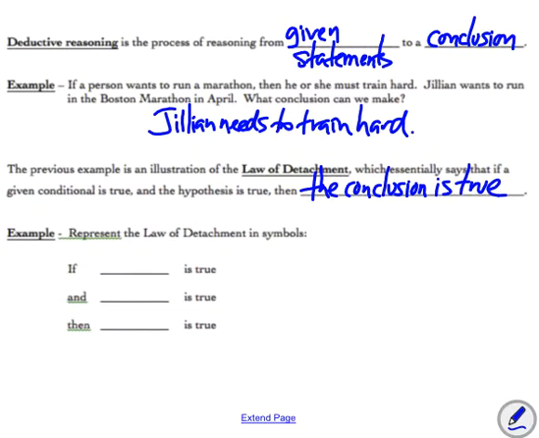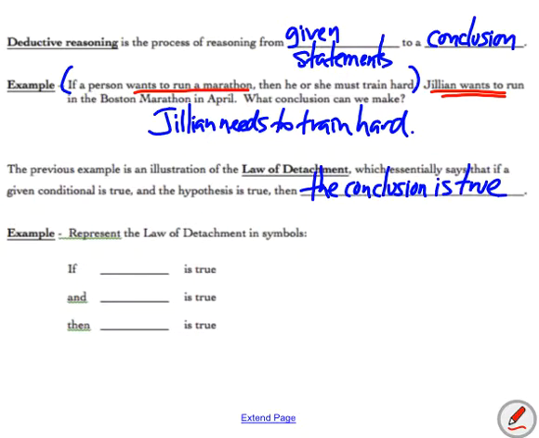Okay, and so we can see an example of that in the previous example. This essentially is our initial conditional statement: if a person wants to run in the marathon, then he or she must train hard. And in this case, Jillian is an example of a person who fits into this category. She's a specific example of a person who fits into that hypothesis statement.